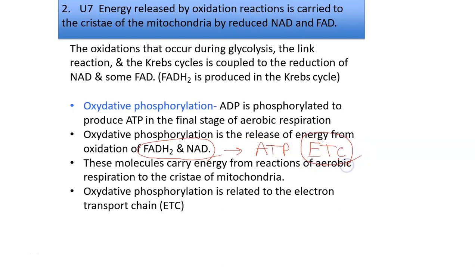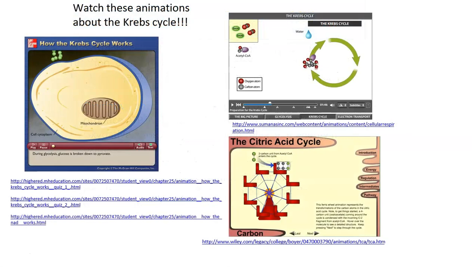That would be the third step of respiration. The first step was glycolysis, and then the Krebs cycle, and the last one would be the electron transport chain, which we'll be talking about after finishing these slides.